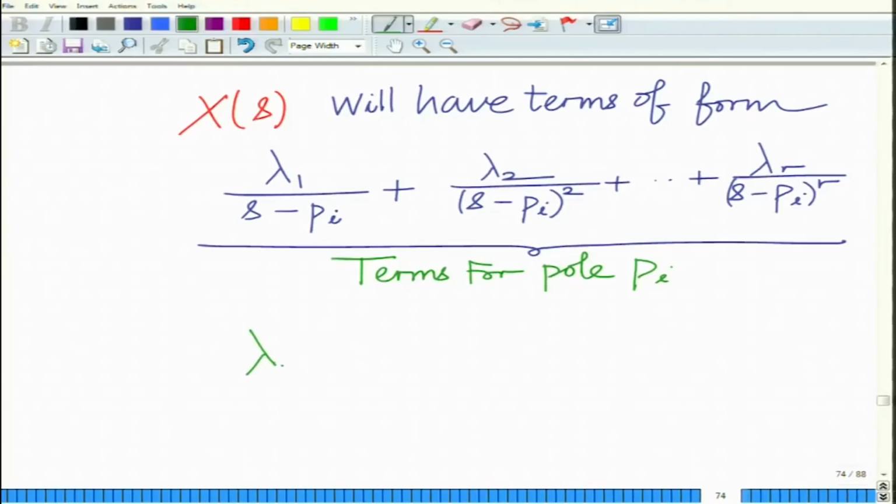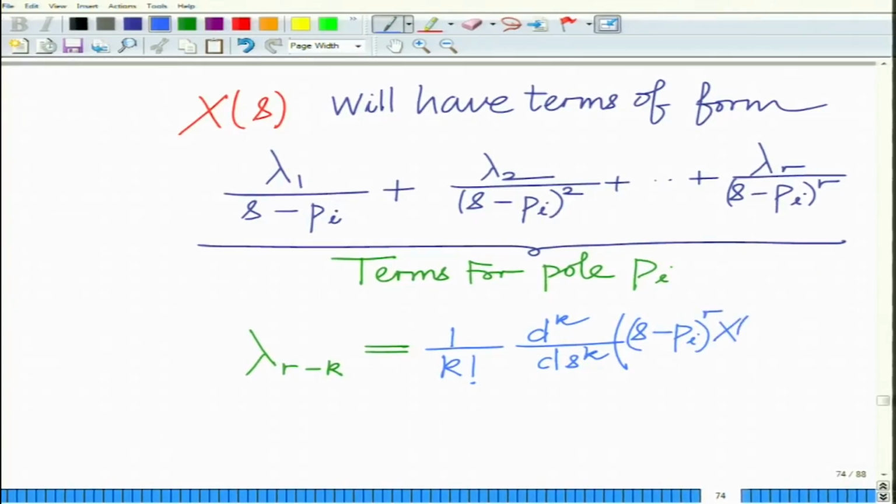and the coefficient lambda r minus k is evaluated as follows. The expression for lambda r minus k will be equal to 1 over k factorial times d^k by ds^k of S minus Pi raised to the power of r times Xs, evaluated at S equals Pi.